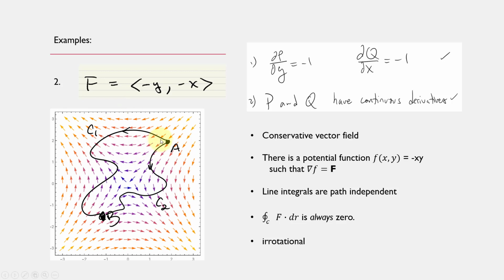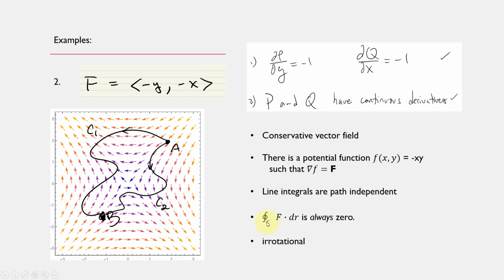Because they produce the same result, that means that closed path line integrals will always be 0 in a conservative vector field. Because, for example, if you followed path C1 in this direction and reached the point B, and you got the same thing following path C2, well, you can go on path C2 backwards and get the opposite of what you got in C1, and so the whole thing goes to 0.